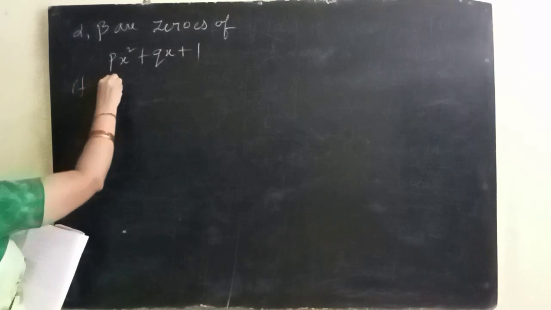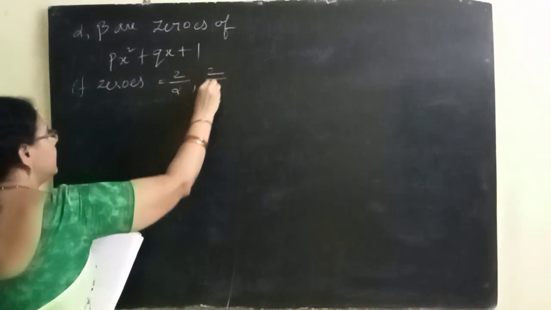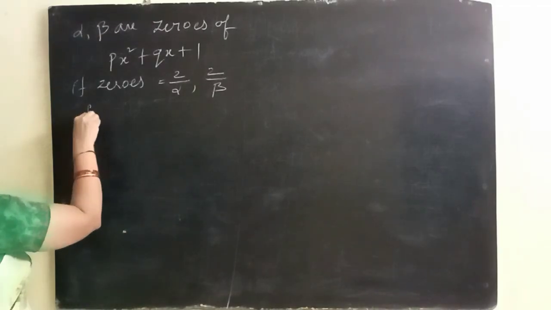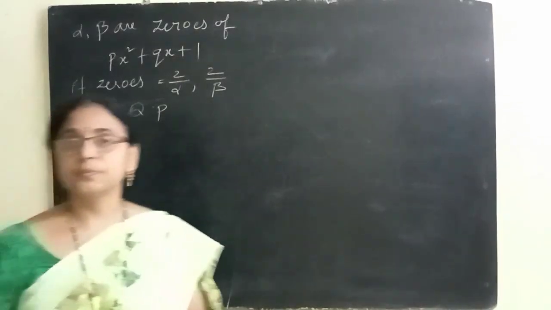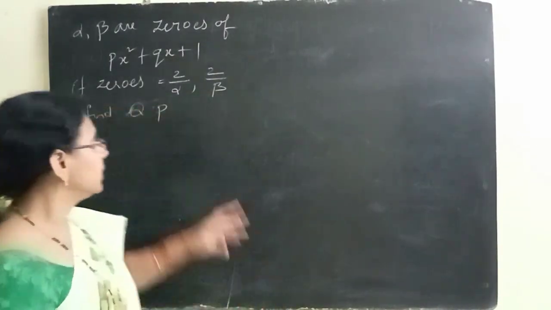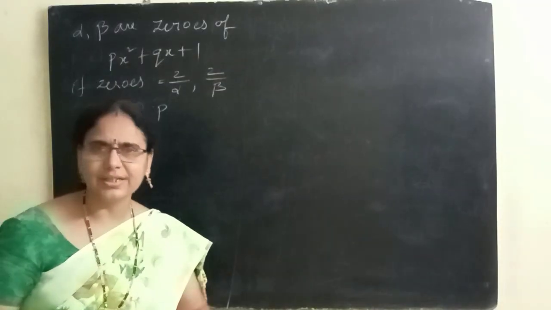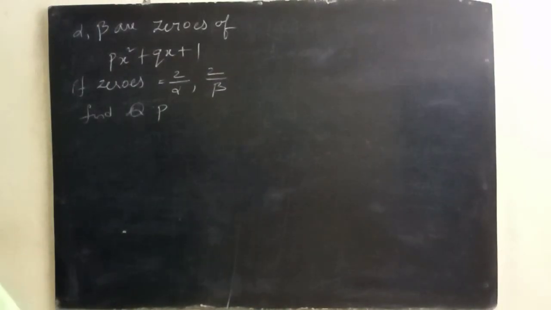If zeros are 2 by alpha comma 2 by beta, then what is the quadratic polynomial? Is his question. Okay. He given a quadratic polynomial for which alpha and beta are zeros, it's clear. If zeros are 2 by alpha and 2 by beta, what is the quadratic polynomial?